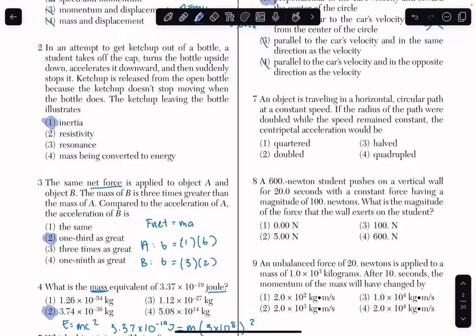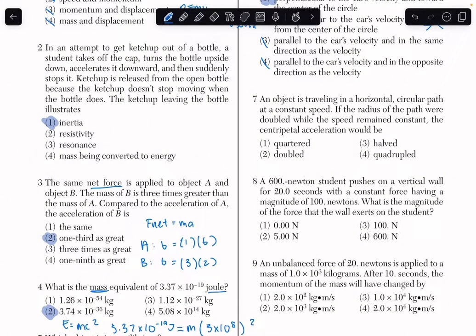Number 7. An object is traveling in a horizontal circular path at constant speed. If the radius of the path were doubled while the speed remained constant, the centripetal acceleration would be... So remember what we did for number 3? We're just going to do the same thing here. We're going to plug it in.